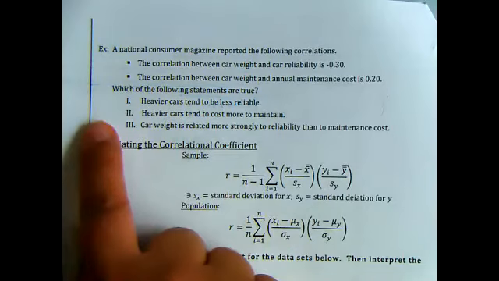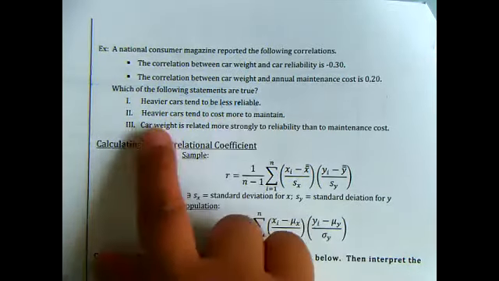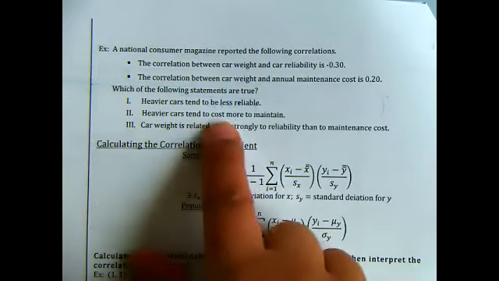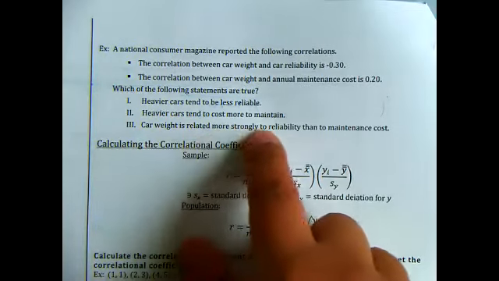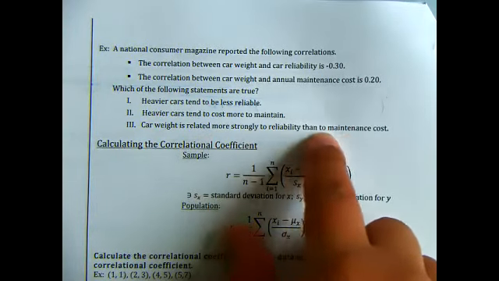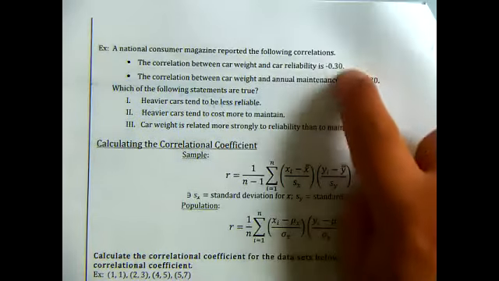Which of the following statements are true? 1: Heavier cars tend to be less reliable. 2: Heavier cars tend to cost more to maintain. 3: Car weight is related more strongly to reliability than to the maintenance cost. Which of the following statements is true based on those?